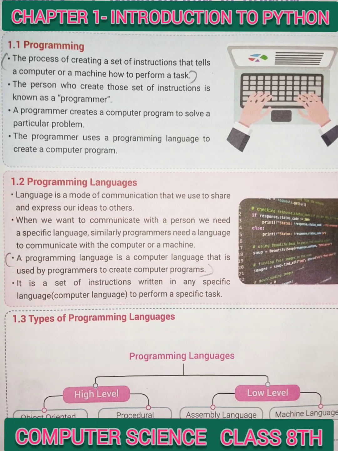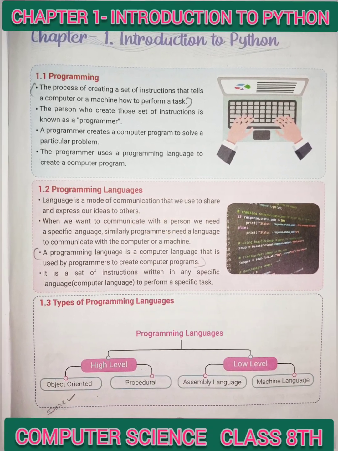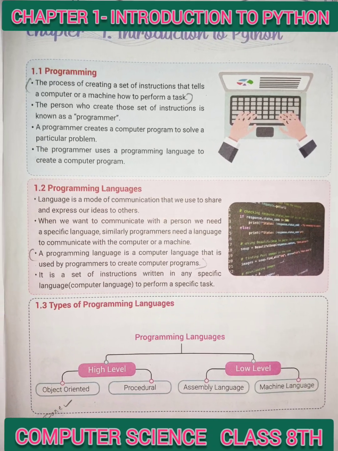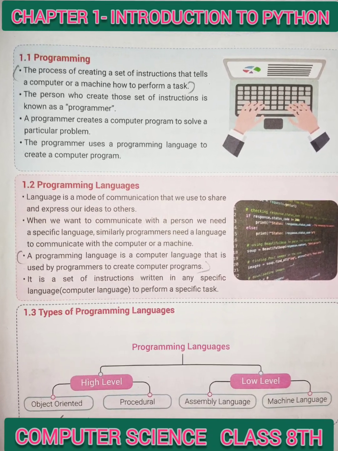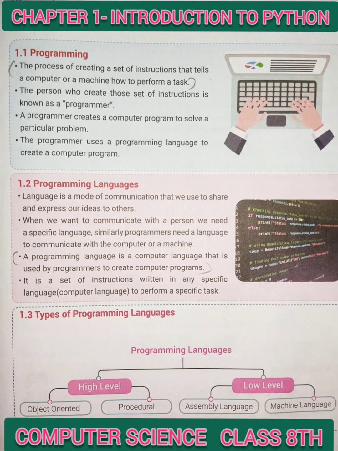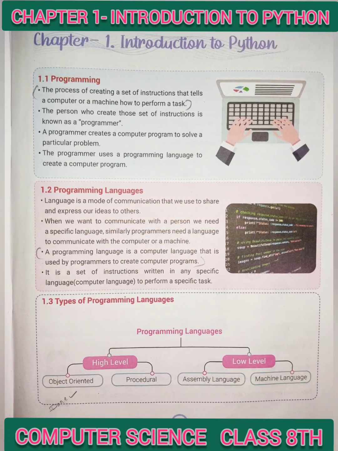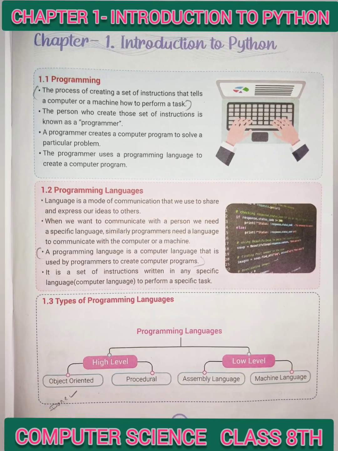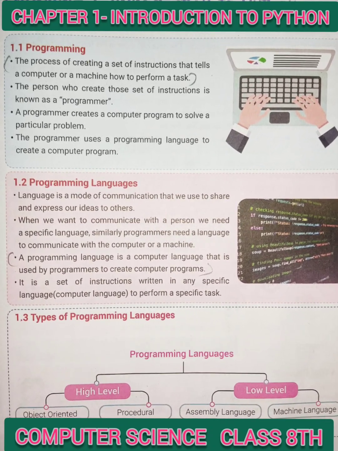The programmer uses a programming language to create a computer program. So if you want to solve a particular problem, you need a coding language or programming language. I think you understood this concept, programming, children.